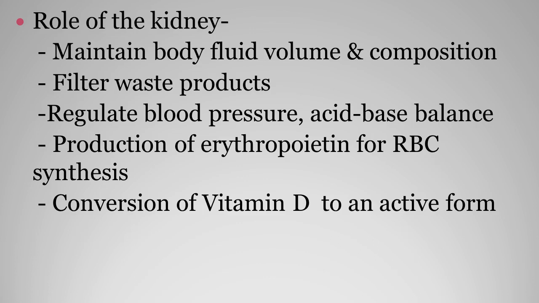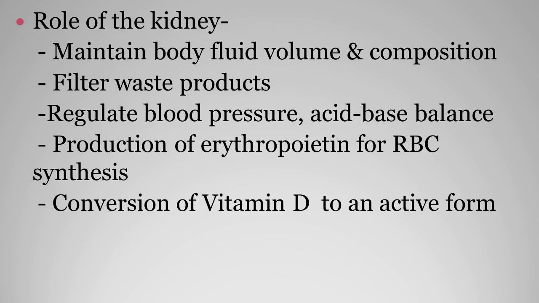It goes back to the process of the compensatory mechanisms such as the renin-angiotensin-aldosterone system. Renin comes from a particular part of the kidneys, and that's what begins that process to help bring blood pressure up. And of course the all-important acid-base balance, production of erythropoietin for red blood cell synthesis.